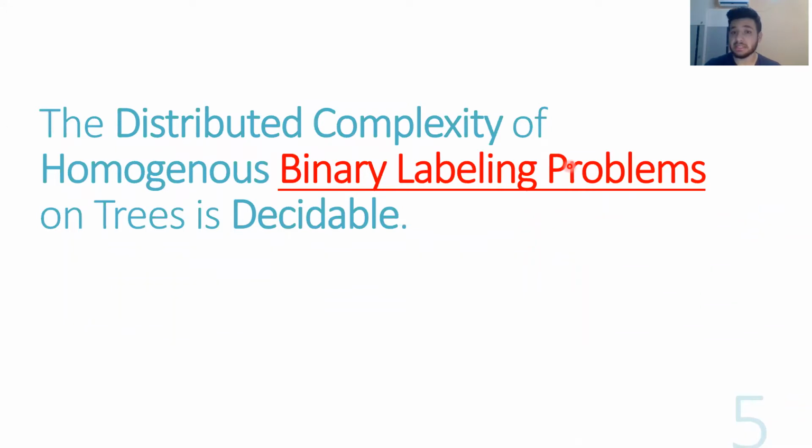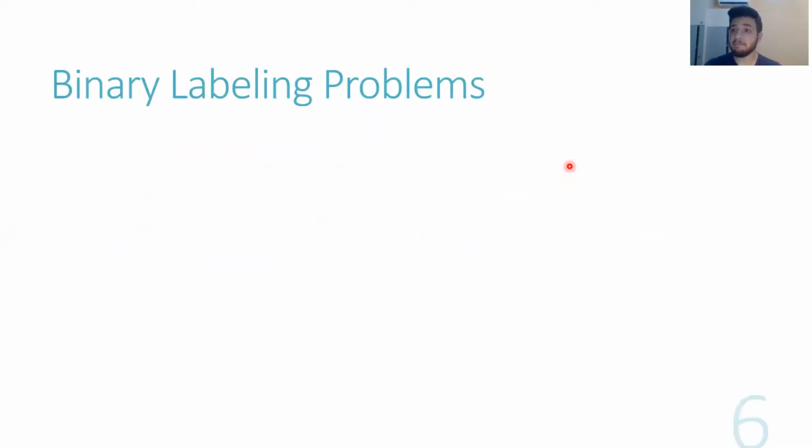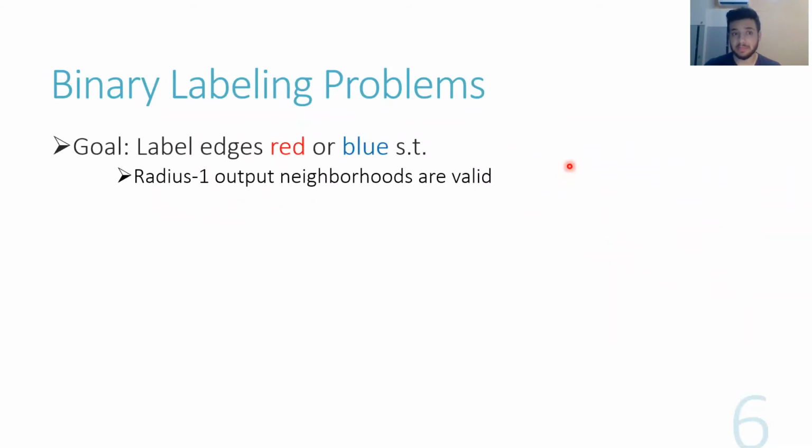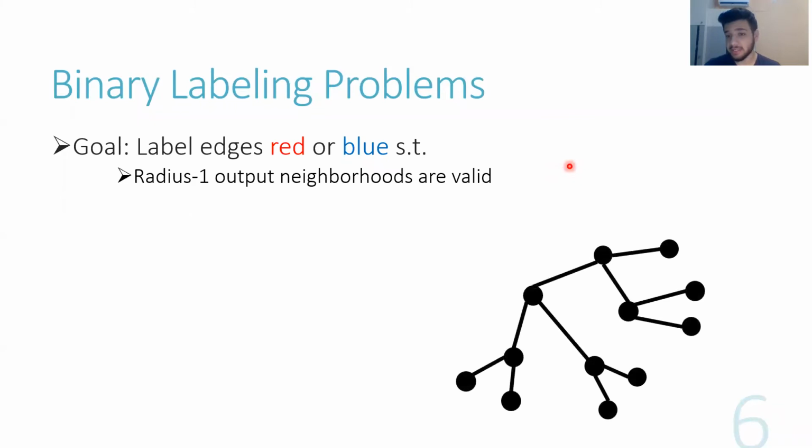Next, we are going to discuss binary labeling problems. So in binary labeling problems, we are given a graph, and we are tasked with labeling its edges either red or blue, such that some radius 1 neighborhood constraints are satisfied. For example, in this graph, a labeling of the edges by red and blue can be, for example, this one.